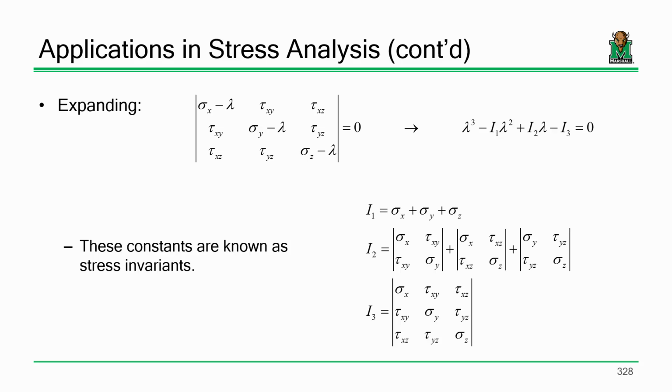That's a lot of algebra. I know you all love algebra, but that would be a lot of it. So I propose to you that there's a simpler way that we can compute those stress invariants. We have I1, I2, and I3. Make sense? We're going to look at doing this here in a little bit.